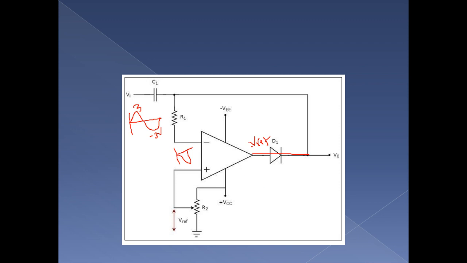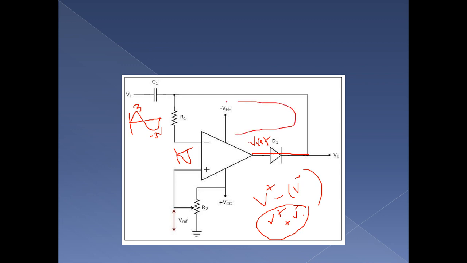We know that the op amp will produce the difference of the two input signals, that is V plus minus V minus. Here I am getting a negative signal at the inverting pin, so I will be getting a positive voltage at the output, and the diode will get forward biased.